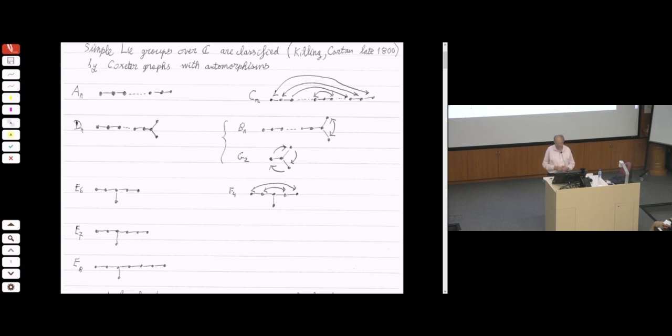And in fact, it is also the case that all of those can be described in terms of simply laced affine diagrams with some automorphism. This is something which I did in my book, and I believe that it can be used for various purposes to prove things about non-simply laced groups. Okay, maybe I stop here.